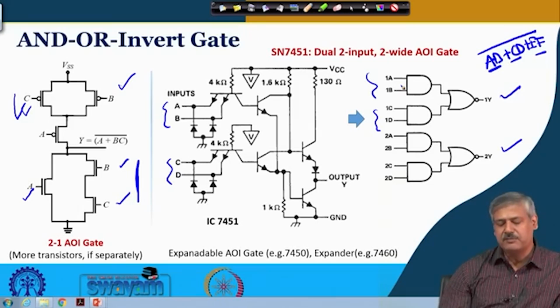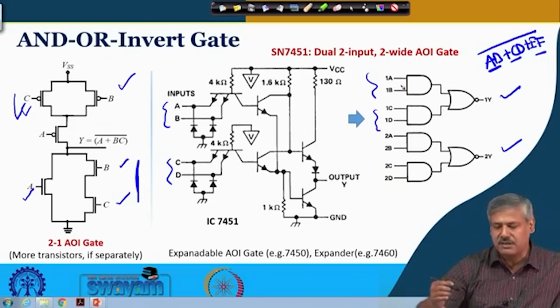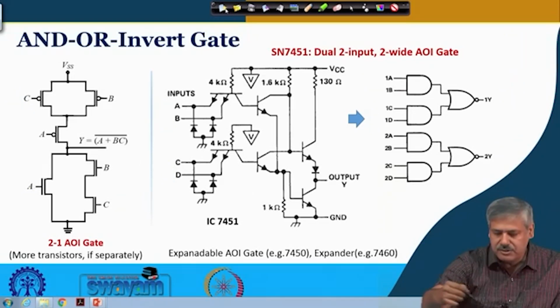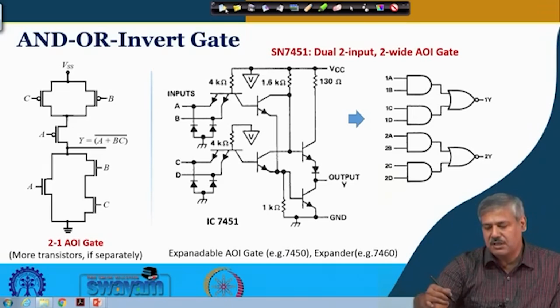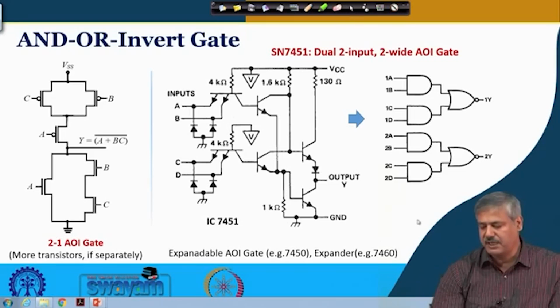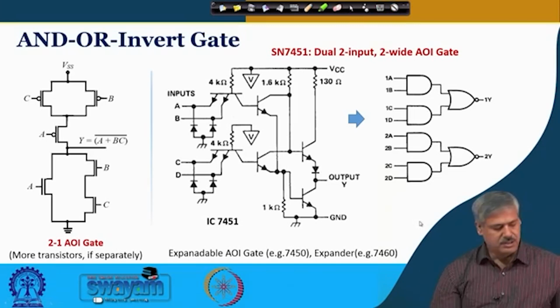And you can have expanders also, an arrangement by which more such gates can be added and more complex circuits can be arrived at. Okay. This saves in transistor count. Okay. So, these are some basic gates which are useful in realization in practical circuits or in your laboratory experiments which you will be undertaking.